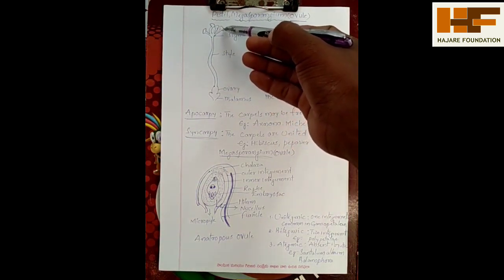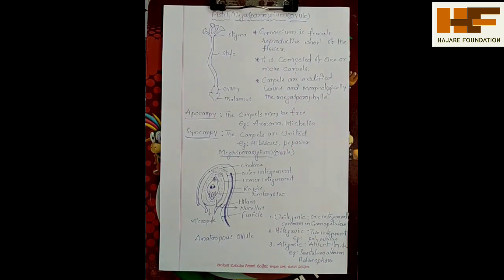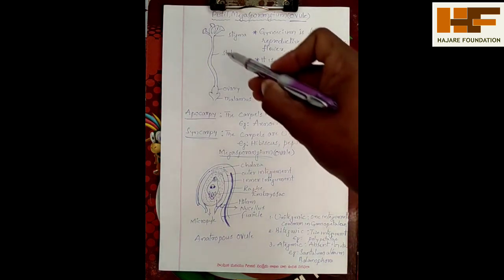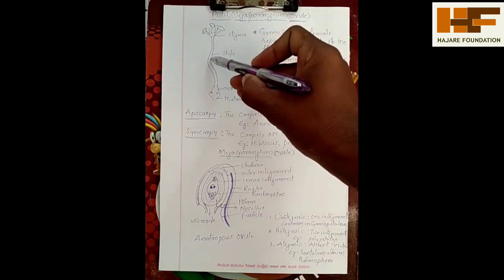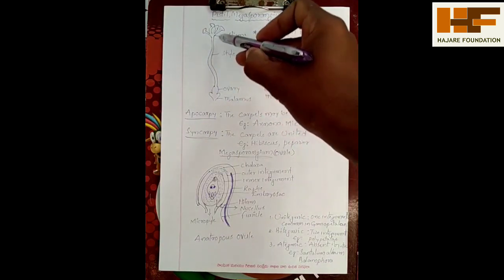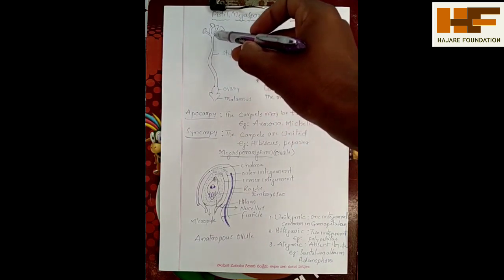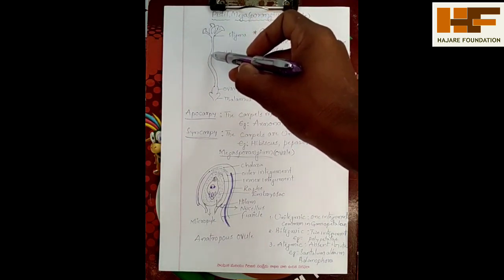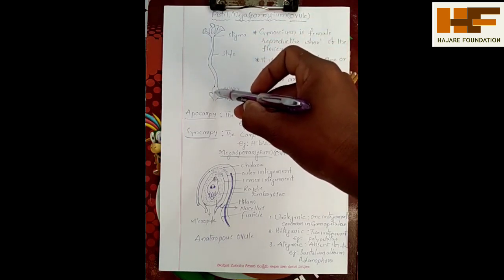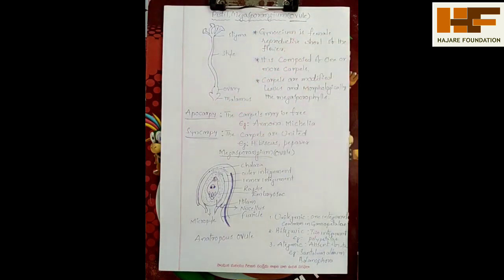Now here we may observe the stigma is a receptive part. It receives the pollen grains. That's why it is a little bit sticky in nature. It receives the pollen grains, and the received pollen grains are sent through the slender part with the help of the pollen tube. The pollen tube enters into the stigma, into the style, then through the ovary, and finally reaches the ovule.